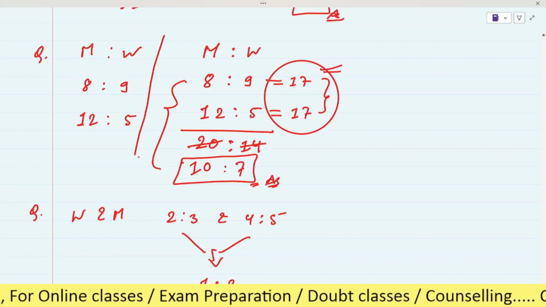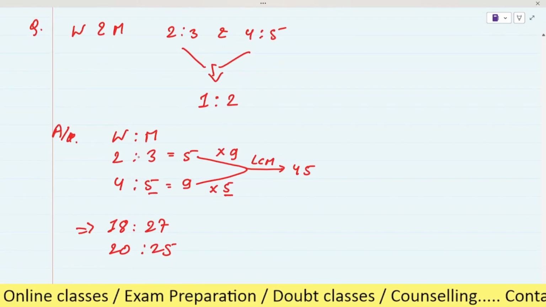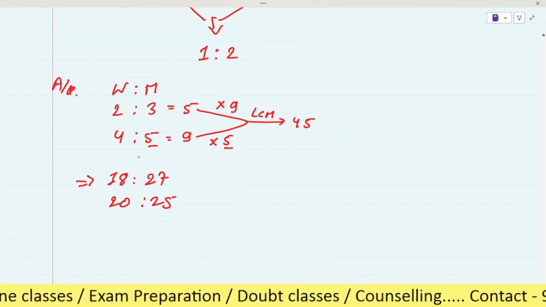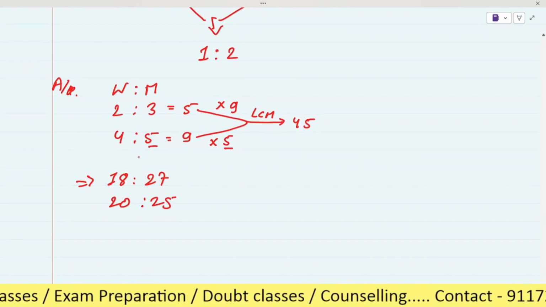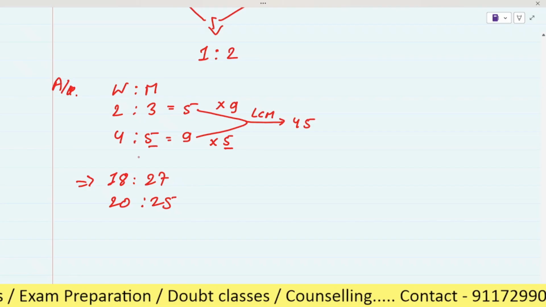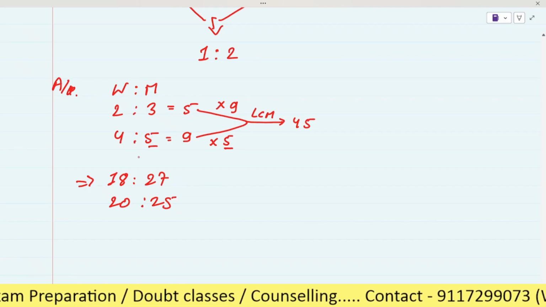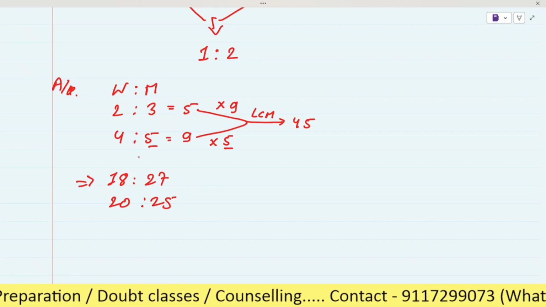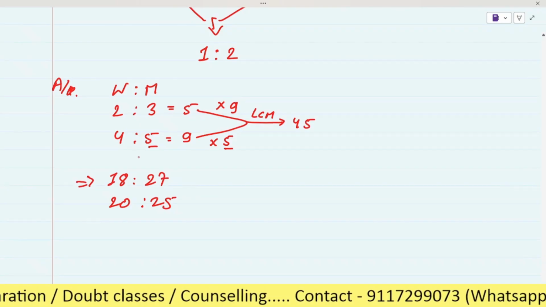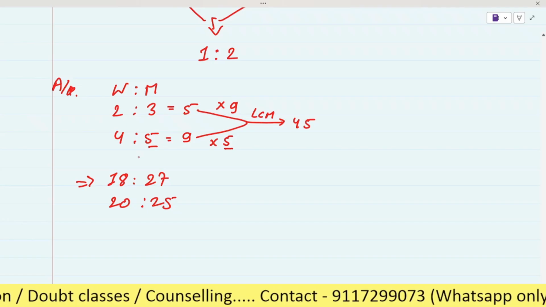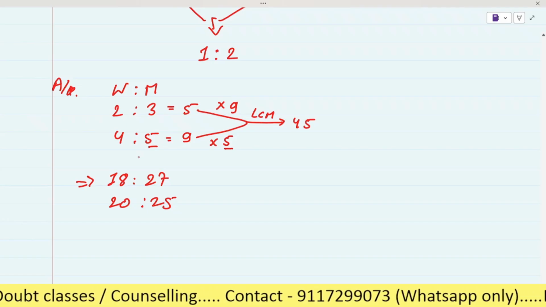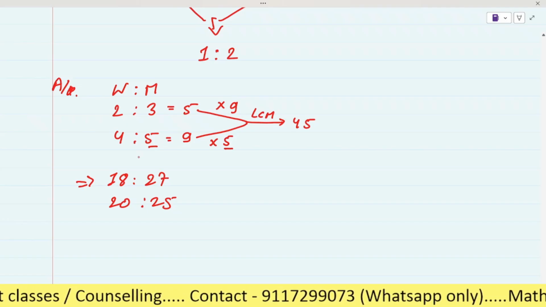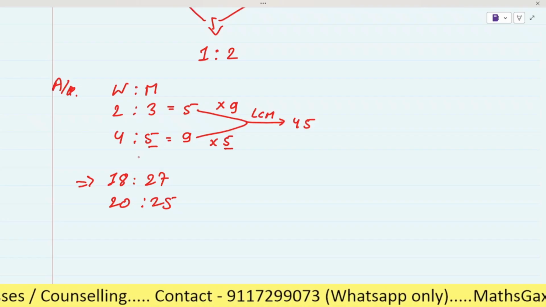We directly added. Now as here they were not in equal quantities, so first we make them equal. If the question was to find the ratio of the water and milk in the new mixture when we add them, then you would just add 18 plus 20 and 27 plus 25.